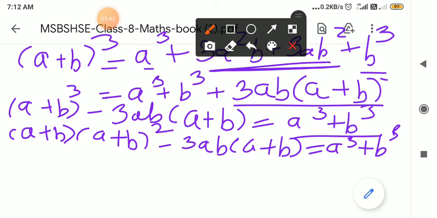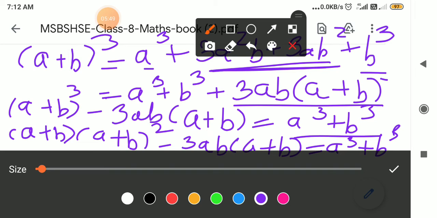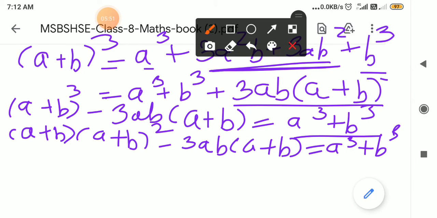Now we have to take common. See here, I will use another color. You will notice that (a plus b) is common in both terms. So I will take (a plus b) outside the bracket.